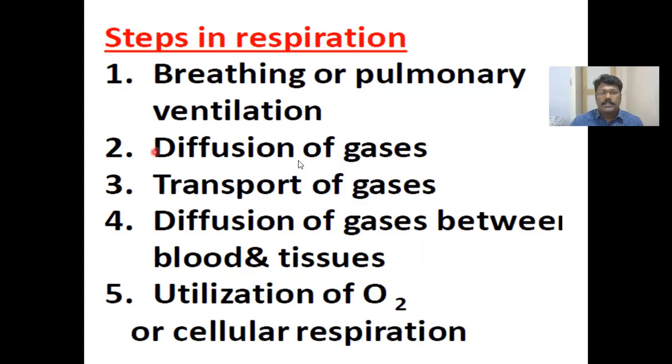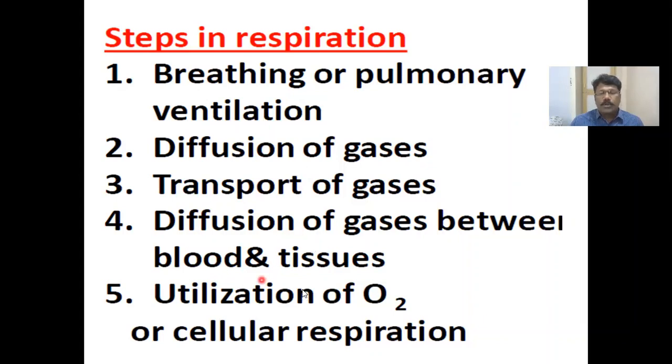And this part of the respiration is called the external respiration. That is the diffusion of gases at alveoli. And the diffusion of gases between the blood and tissues, that is the diffusion at tissues, is actually called the internal respiration. Okay.